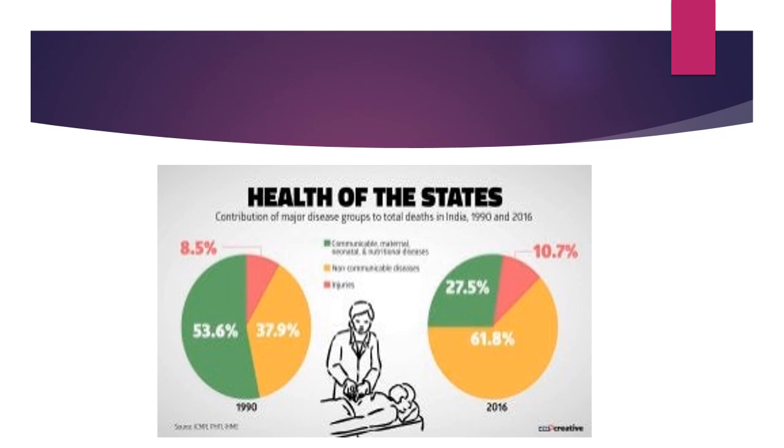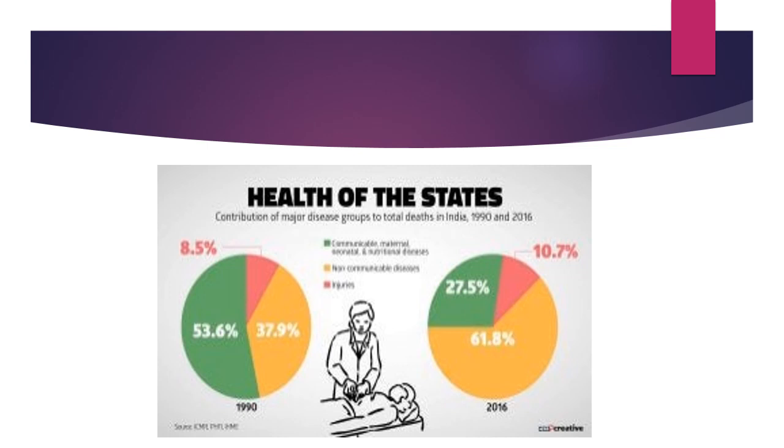In 1990, the 53.6 percent in green is communicable disease, maternal, neonatal and nutritional problems. 37.9 percent is non-communicable disease, and 8.5 percent is injuries.